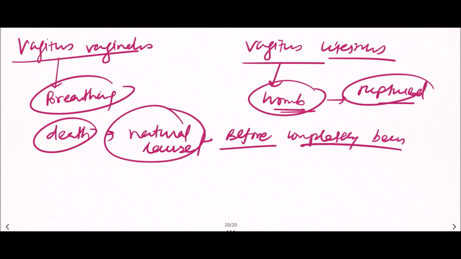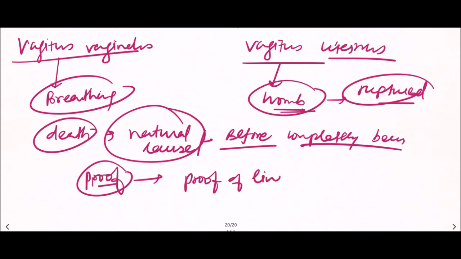So the proof of breathing, that breathing has taken place, is not the proof of live birth. There are various proofs that breathing has taken place, and it is not the proof of live birth. So it is not related to live birth, because death may be seen due to some natural causes even before the child is completely born.